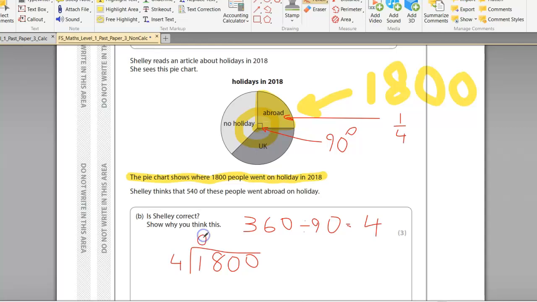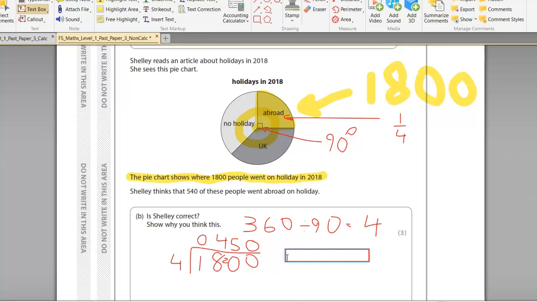4 into 1 doesn't go, 4 into 18 goes 4 times, because 4 4s are 16. So we've got 2 left over. 4 into 20 goes 5 times, and we're left with the 0.